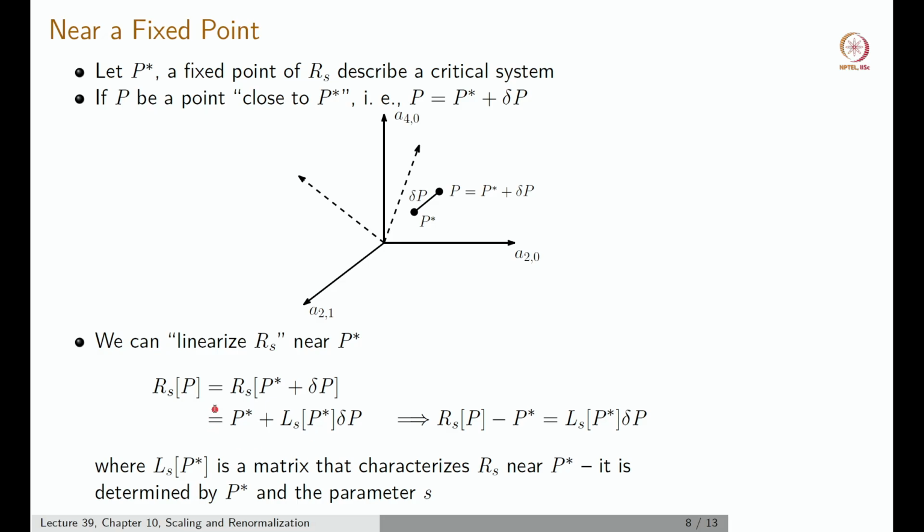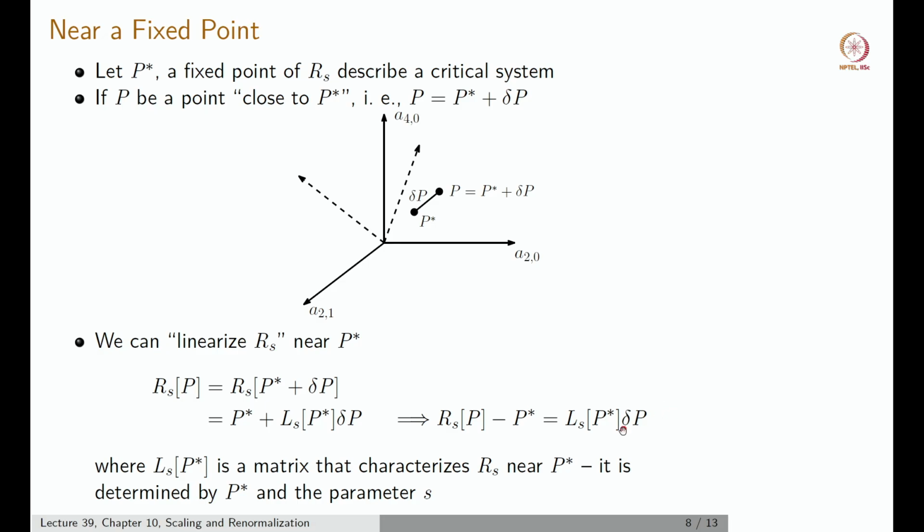Note again that this is not a strict equal to, this is approximately equal to. What we are saying is that there is some large dimensional matrix which characterizes how this delta P changes. And this is exactly the statement I made. If you started off with something which is infinitesimally close to P star, under the action of Rs, it remains infinitesimally close by.